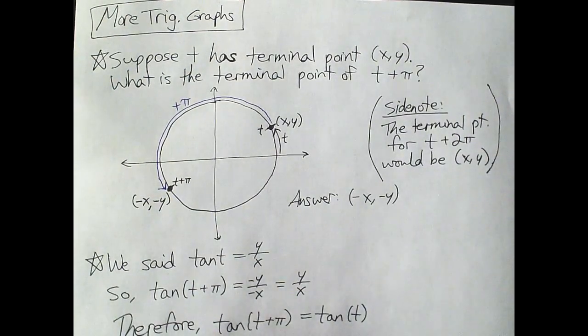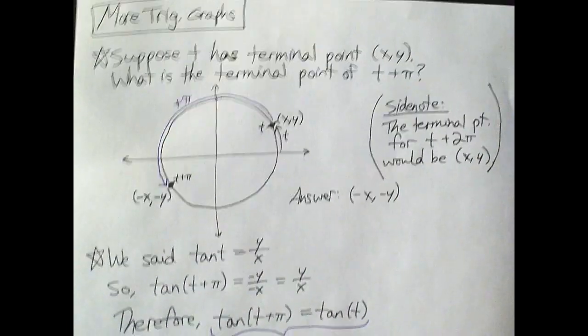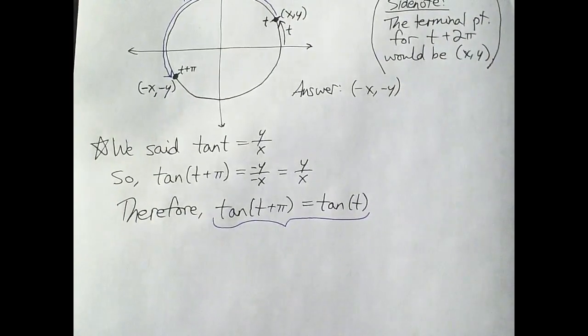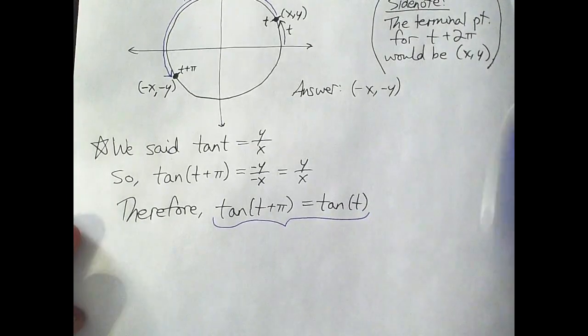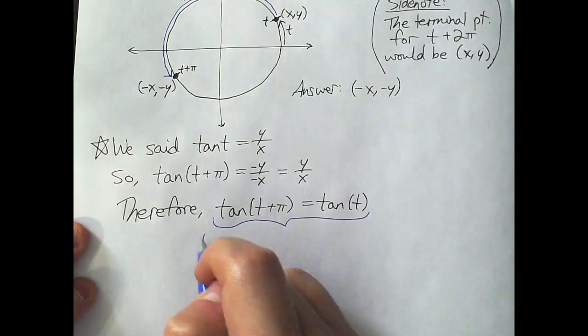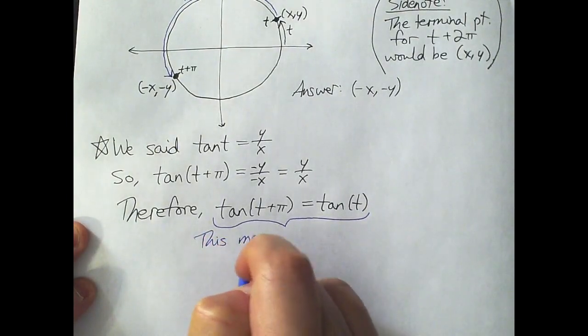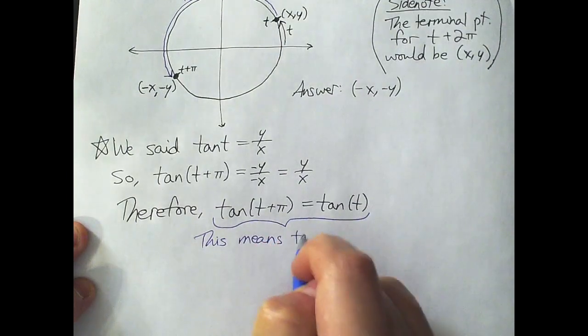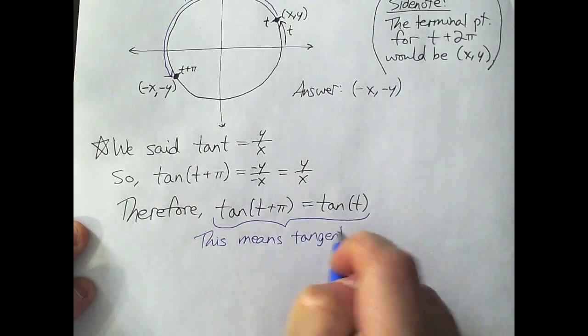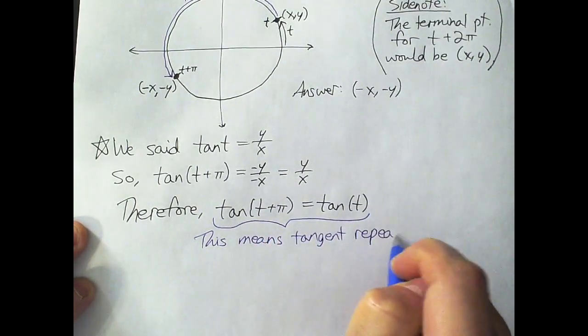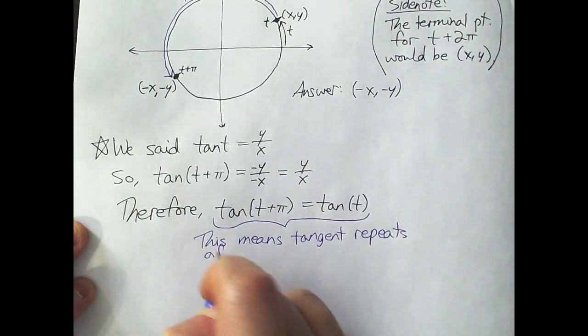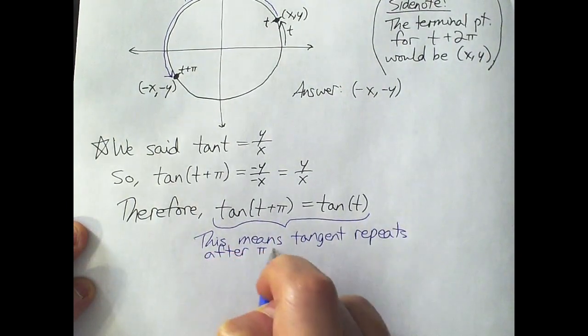What does this mean? What does this mean for us? Like in words, what do you think that means? This means tangent repeats after pi units.